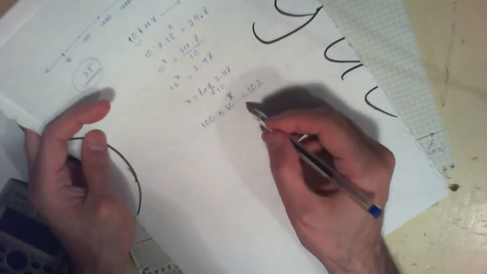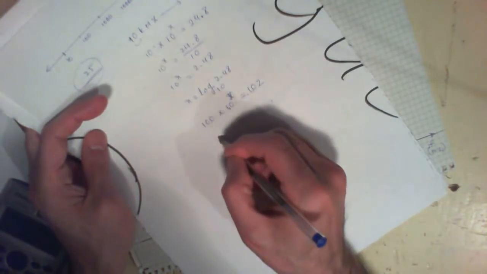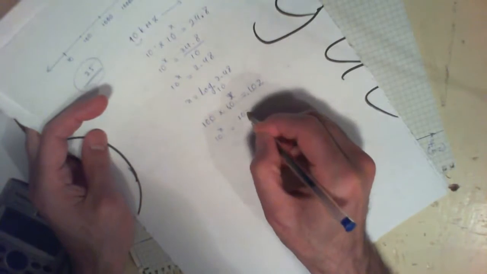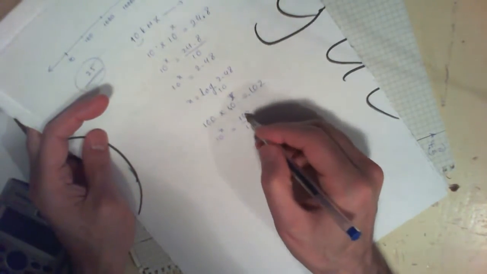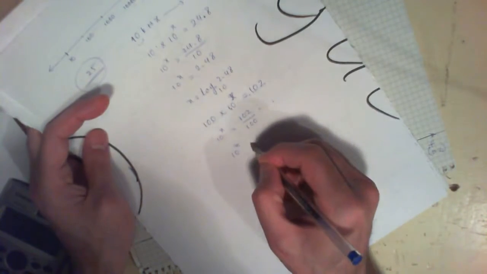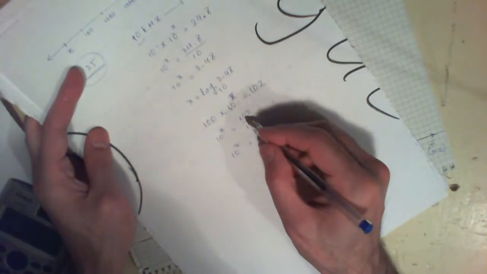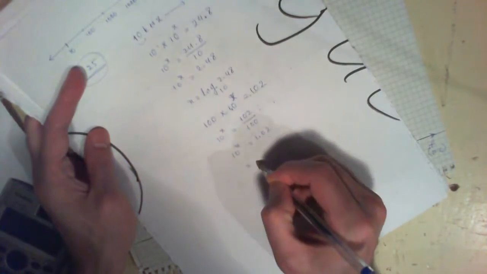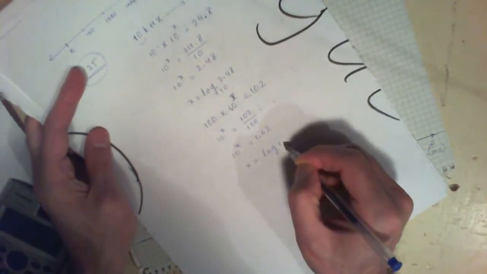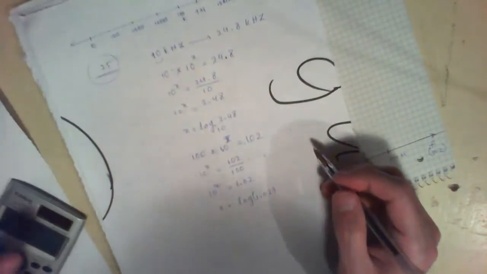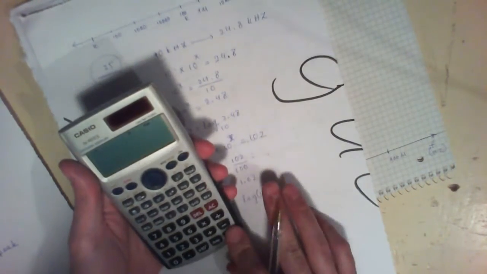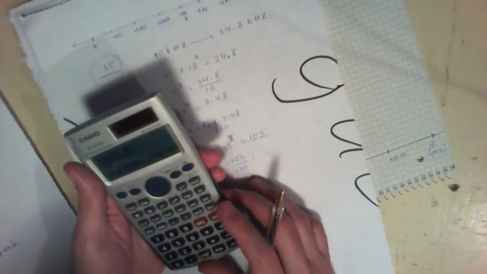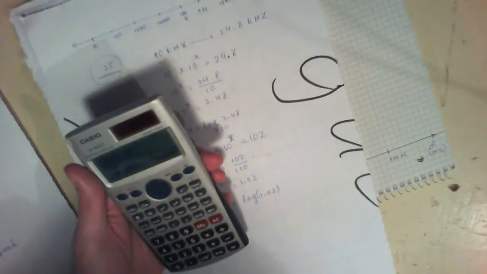Then 10 raised to the power x is equal to 102 divided by 100, which is equal to 1.02, and x is equal to log base 10 of 1.02. So log of 1.02 is equal to... it doesn't make any sense.